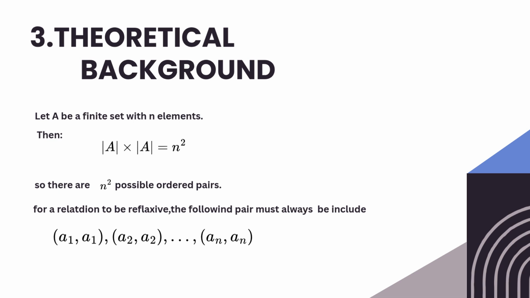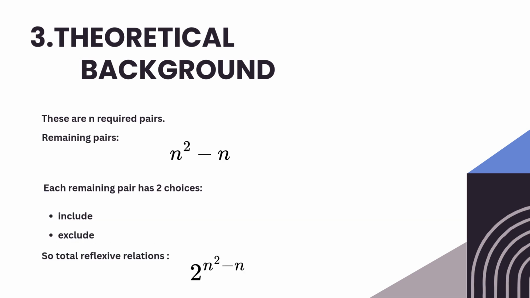To conclude my part, I would like to say that a reflexive relation is a relation where every element is related to itself. If a set has n elements, then A cross A has n squared ordered pairs. Among them, n pairs are important for reflexivity, and the remaining n squared minus n pairs are optional.